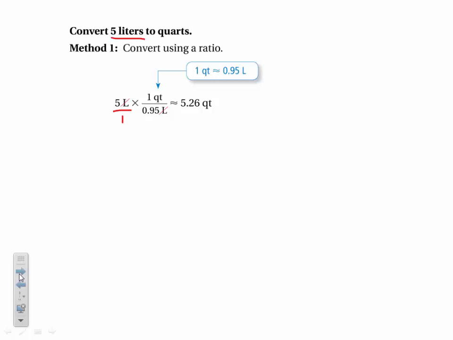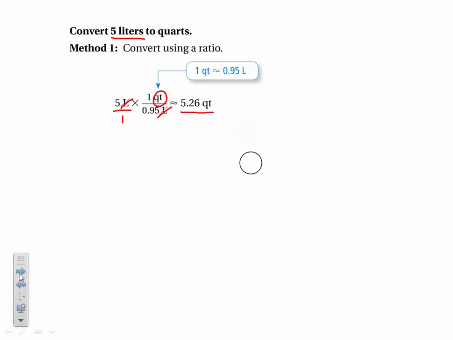So we want to put our conversion ratio's liters on the bottom so they cancel out, leaving us with only quarts. Then when you multiply the numerators and the denominators across, you end up with 5 over 0.95. And when you do that math, you end up with 5.26 quarts.